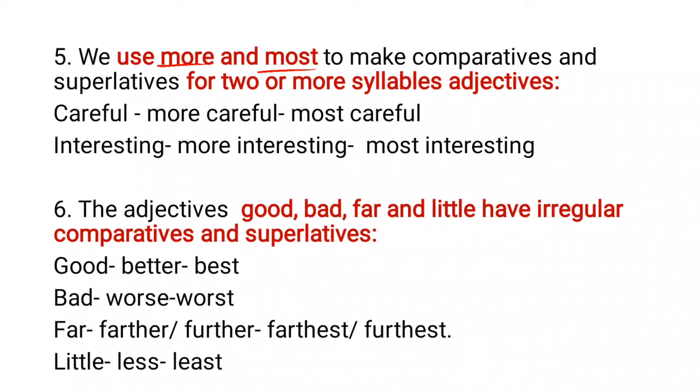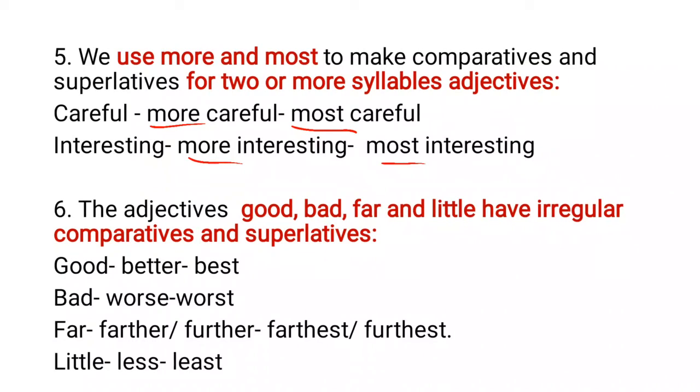For example, words like careful and interesting have two or more vowels, A, U, here E and I. So, we have two or more syllables in these two words, and that is why we will be adding more and most to make their comparative and superlative forms. Careful, more careful, most careful. Interesting, more interesting, and most interesting.